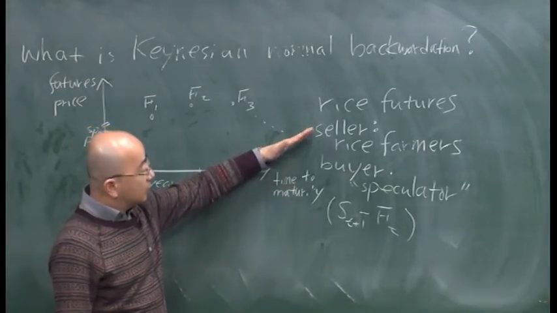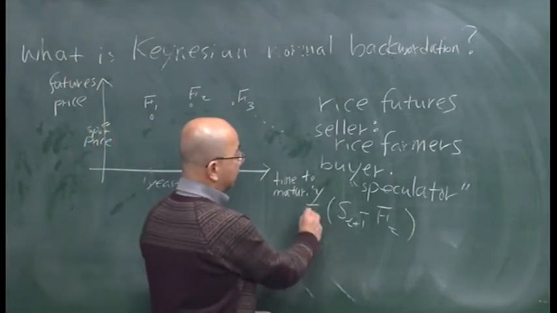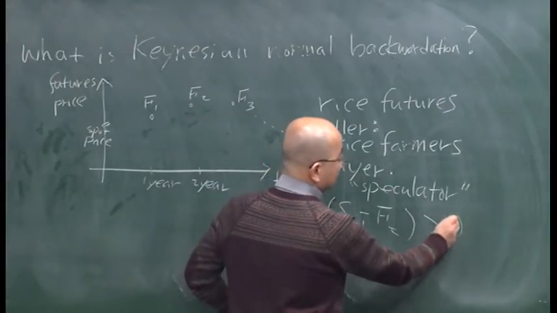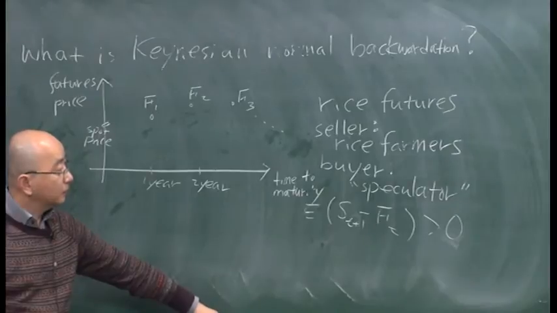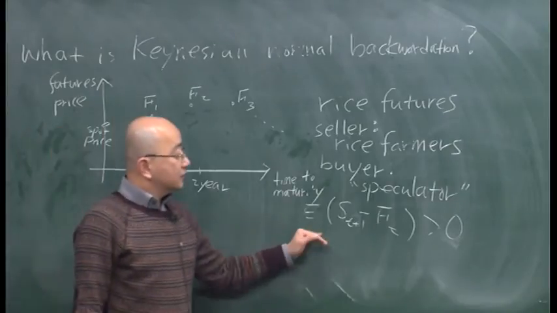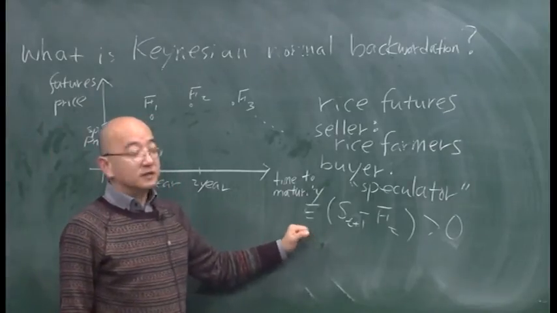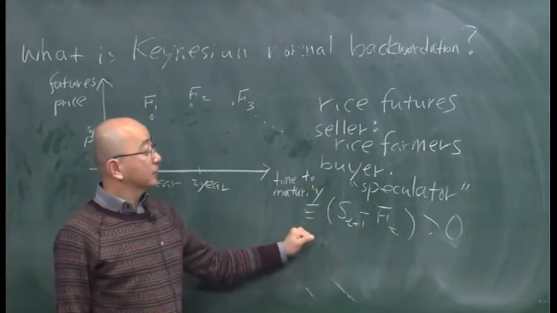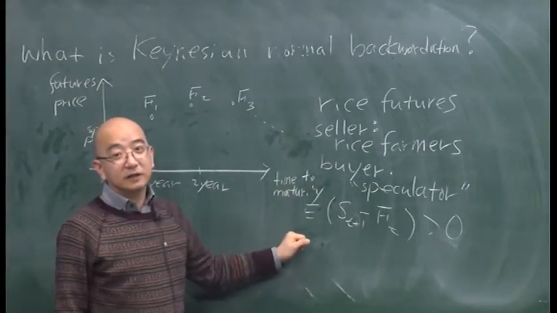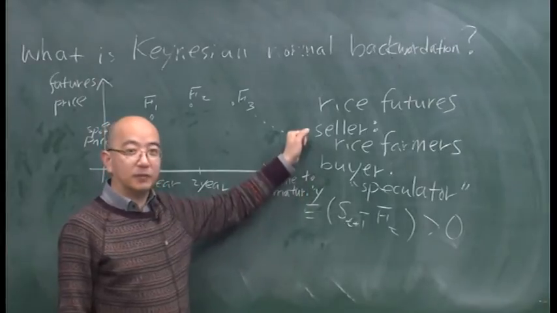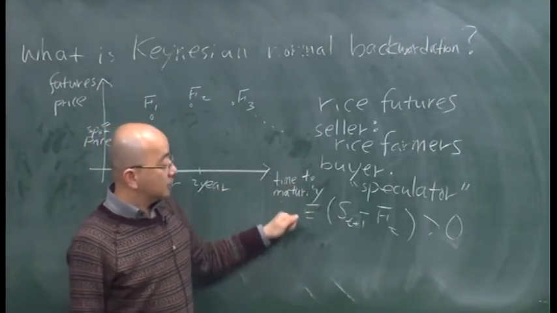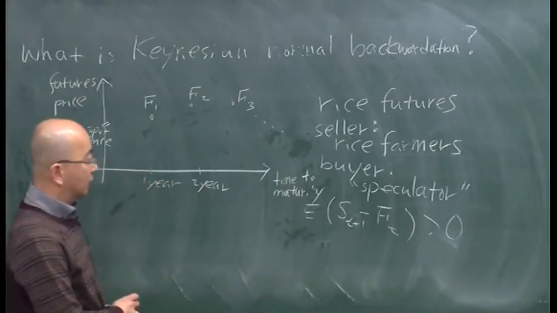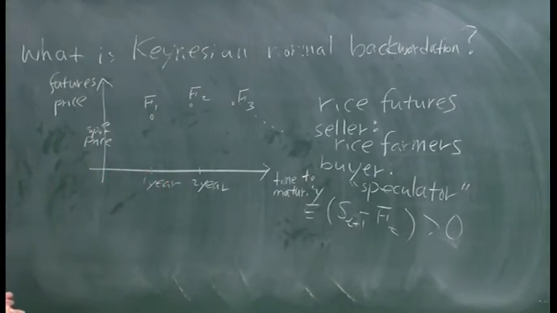So in equilibrium, the expected value of this number should be positive. In a situation like this, speculators expect to earn profit. Rice farmers expect to lose, but they still participate because they are buying insurance in a sense. And speculators participate because they expect to earn profit.